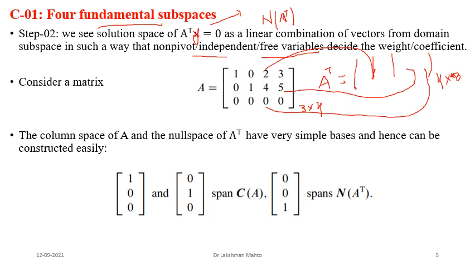The non-pivot column contributes to the null space or solution space, through the associated variable.